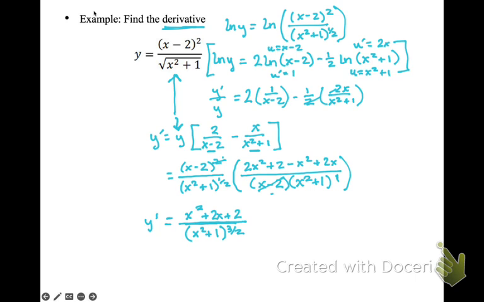Where did the x minus 2 go? Oh, I forgot it. Thank you. Times x minus 2. Aren't we going to distribute that too? No. Did everything else? No, we didn't. The only reason we distributed it is to get those together because we had some hanging out in both.